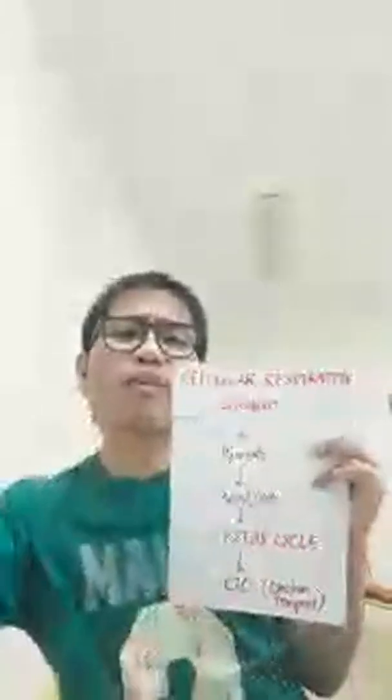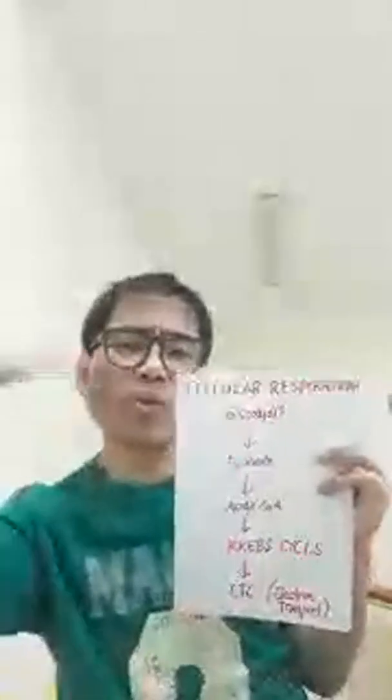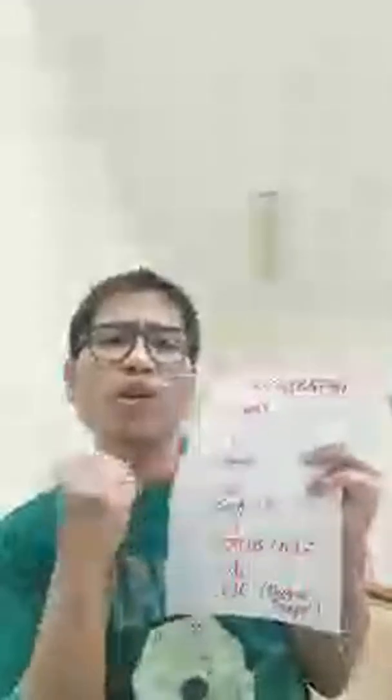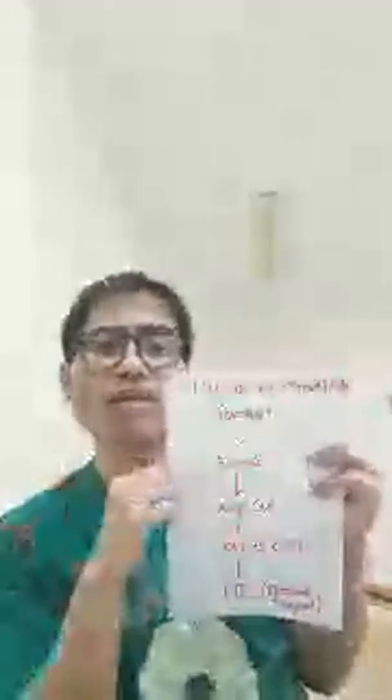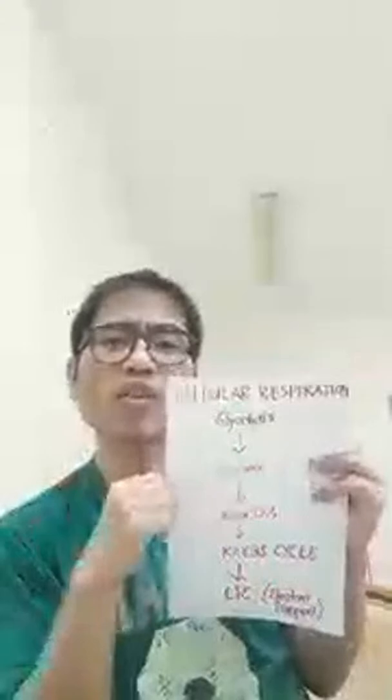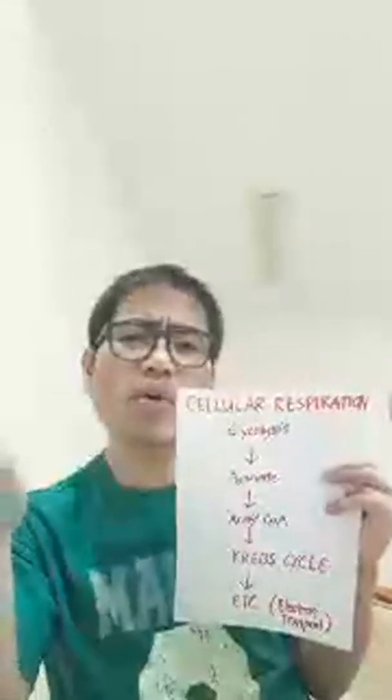This is from large molecules going to smaller molecules. The larger molecule glycogen is composed of many glucoses, which are polysaccharides, and it breaks into many monomers or simple sugars, which is glucose.